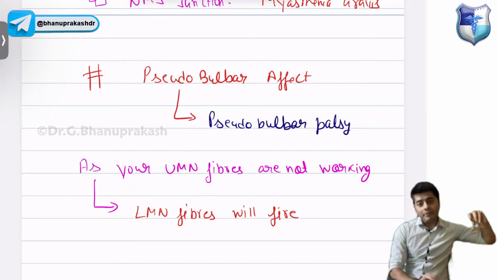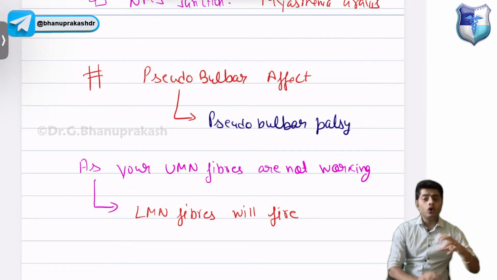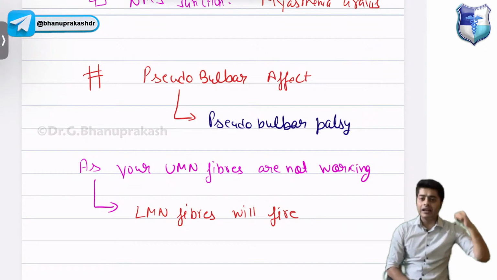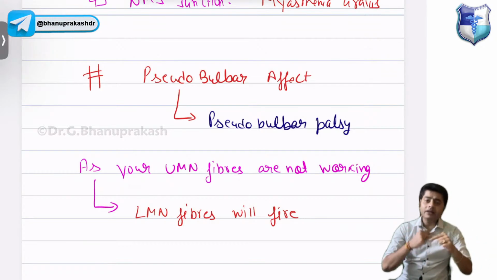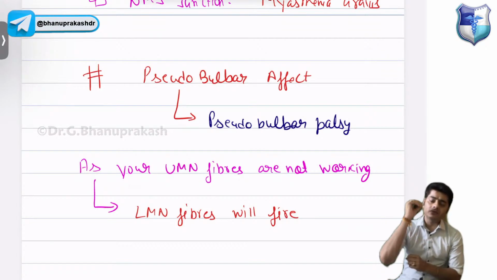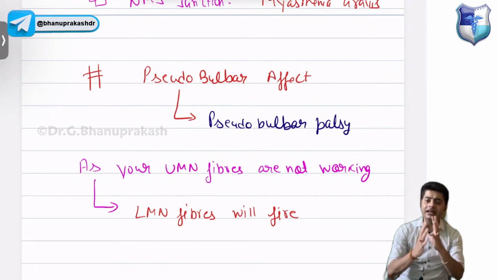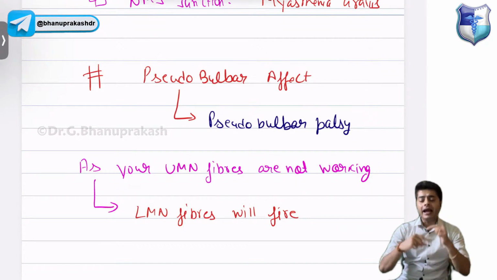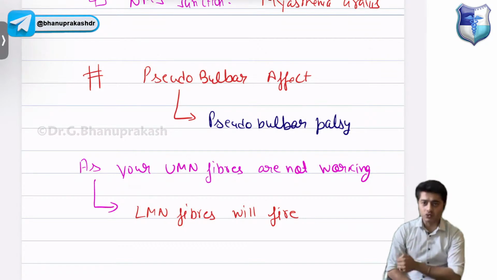Now, as your UMN fibers are not working, what does UMN do? UMN first controls the LMN fibers, and it makes the LMN fibers fire accurately such that it controls the situation.